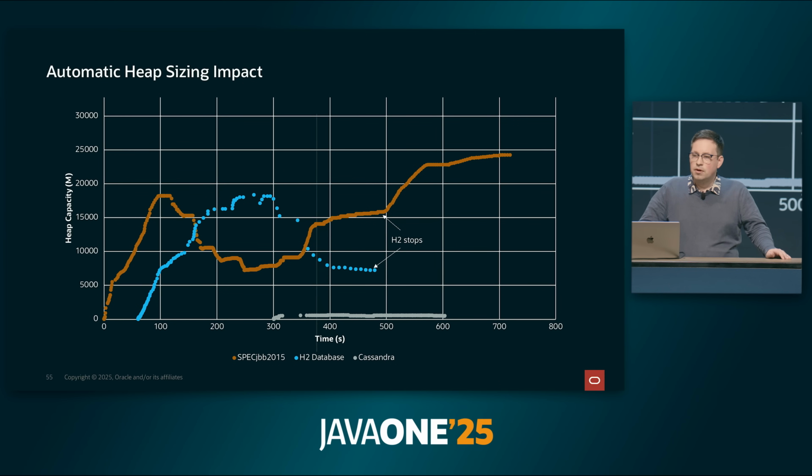And similarly, when the H2 program terminates, you see that there's a surge in heap capacity for SpecJBB 2015 to increase its performance, and at the end it increases even further, and we get to its convergence point where the benchmark wants to be running at a larger heap size while still having some memory available to deal with the unpredictable situations where you get allocation stalls.